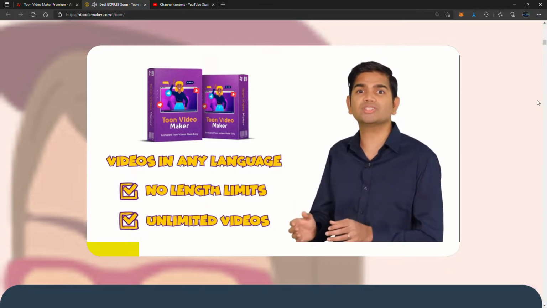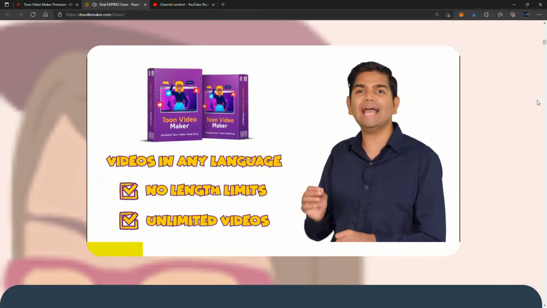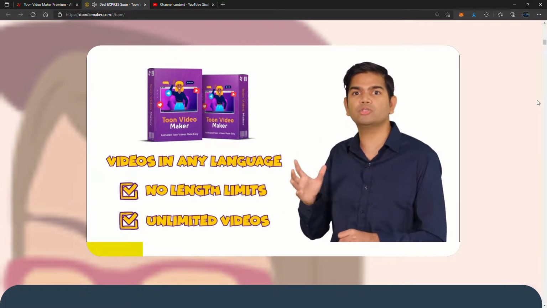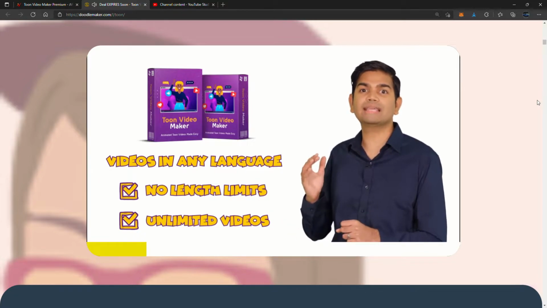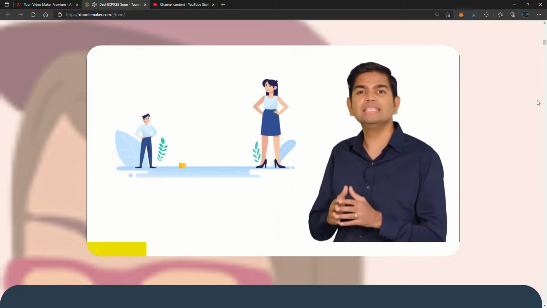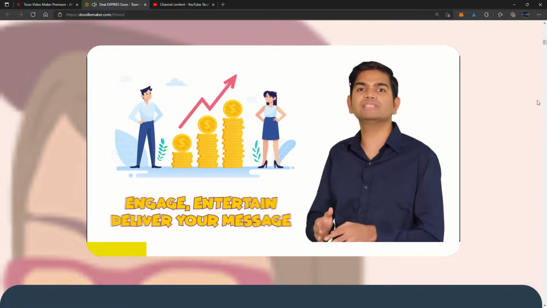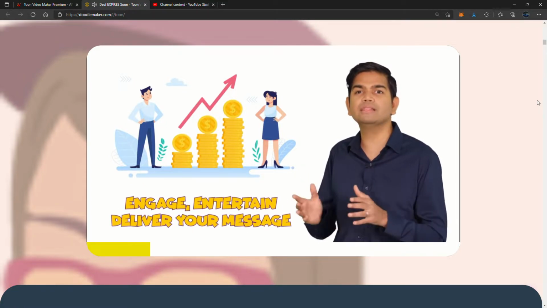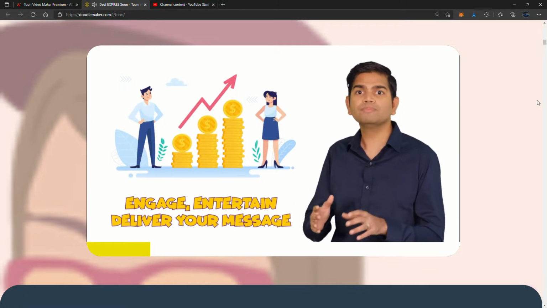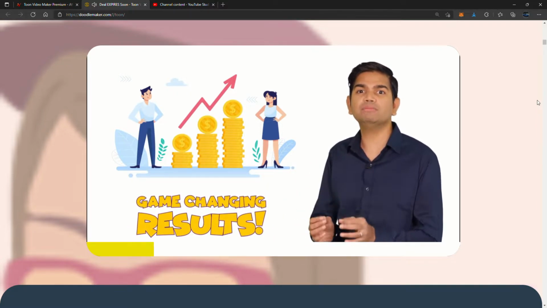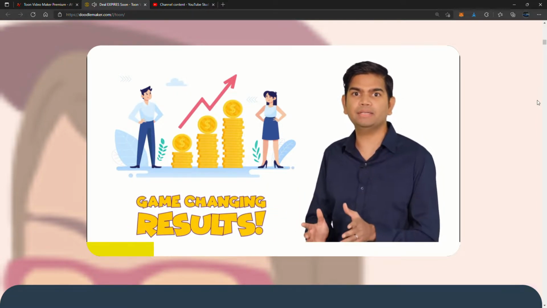Now, you can crush the competition with the exact Toon video format that top Fortune 500 companies use to market their products and services. These businesses use Toon videos because they engage, entertain, and deliver your message all at the same time to get game-changing results for any campaign.